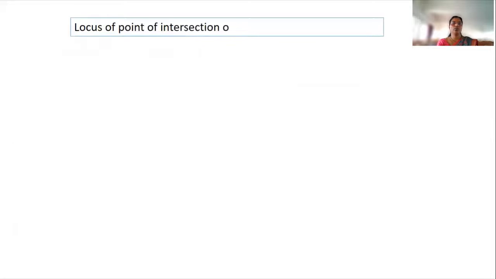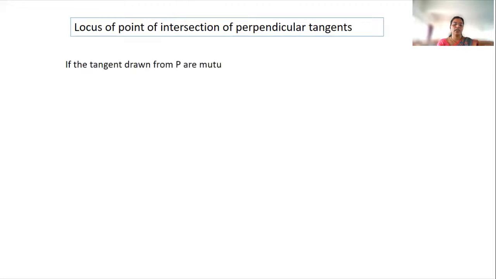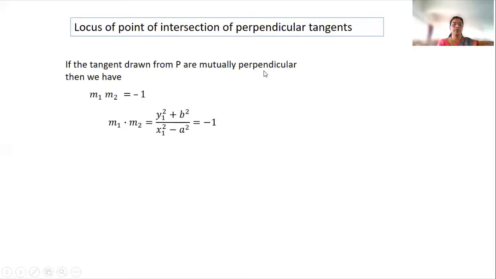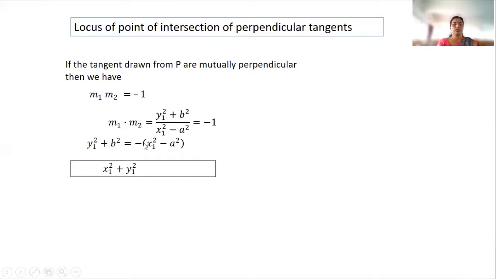Now, locus of point of intersection of perpendicular tangents. जर एखाद्या पॉइंट मधून हायपरबोलासाठी कमीत कमी दोन टॅन्जंट आपण काढू शकतो. जर त्या दोन टॅन्जंट एकमेकाला परपेंडिक्युलर असतील, म्हणजेच if the tangents from point P are mutually perpendicular, then we have product of slopes is -1, that is y1 square plus b square divided by x1 square minus a square is -1.